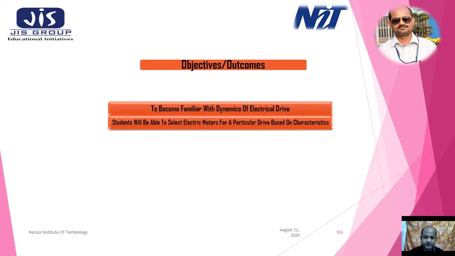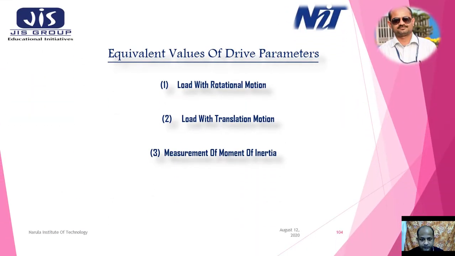To become familiar with dynamics of electric drive, students will be able to select electric motors for a particular drive based on characteristics. So let's start equivalent values of drive parameter, and in this context we will discuss load with rotational motion, load with translation motion, and third we will determine measurement of moment of inertia.